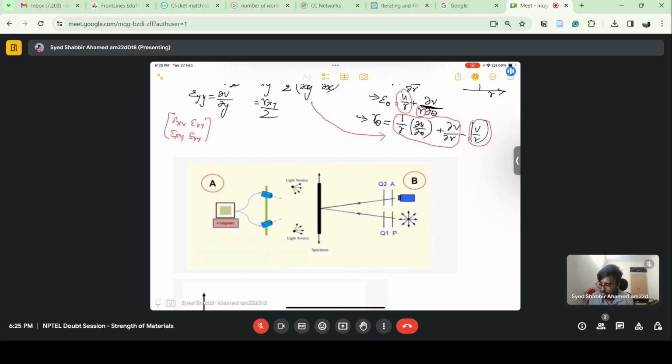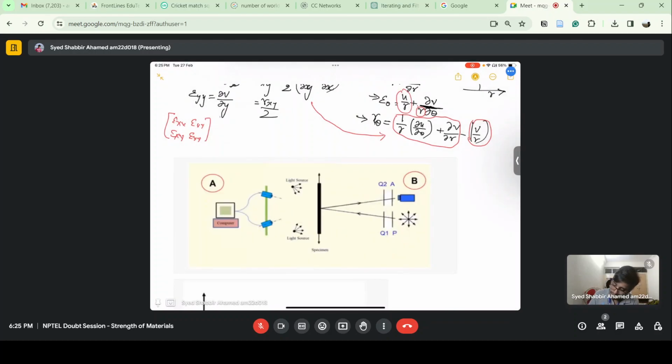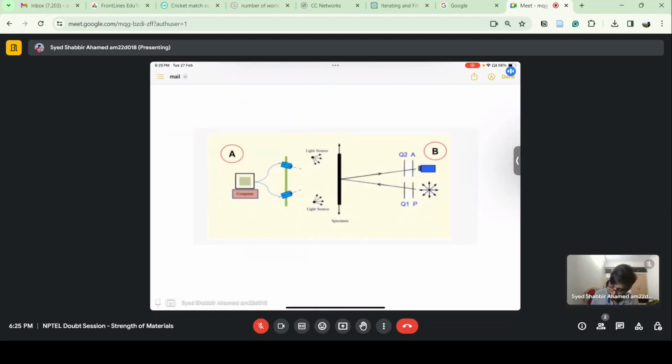As we have seen from the above discussion, on this part of the specimen we are doing 3D digital image correlation.